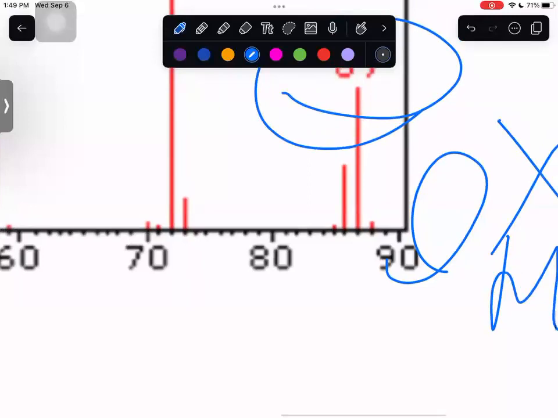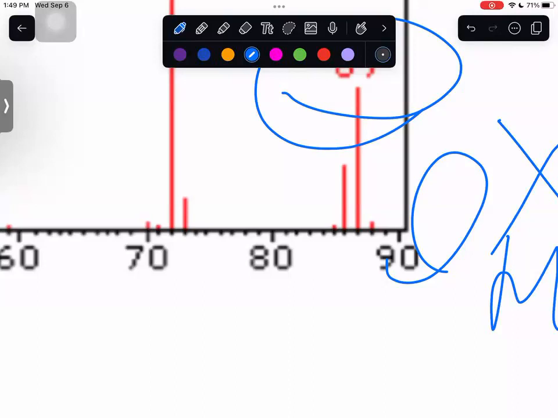The little peak right next to it is the M plus 1 peak, and because we don't have anything right next to it, no M plus 2. No, but she's asking if it was like, I don't think you would get a question like that. It would be confusing.